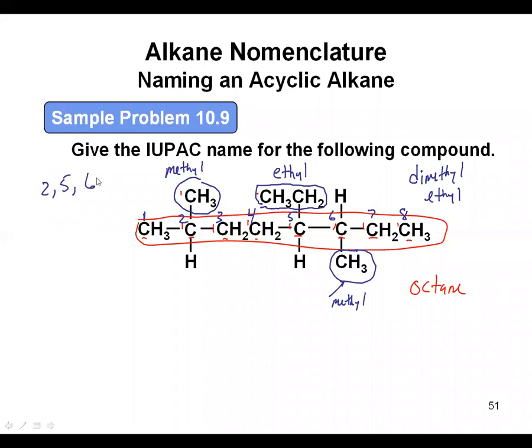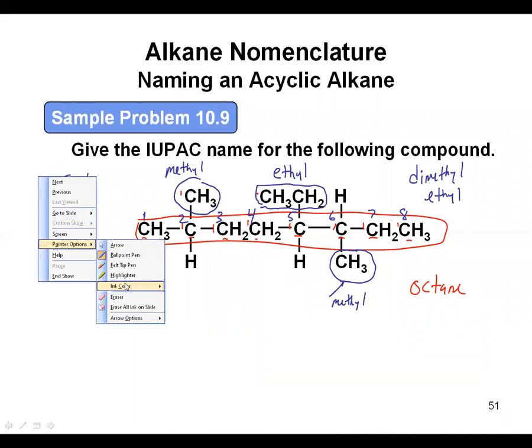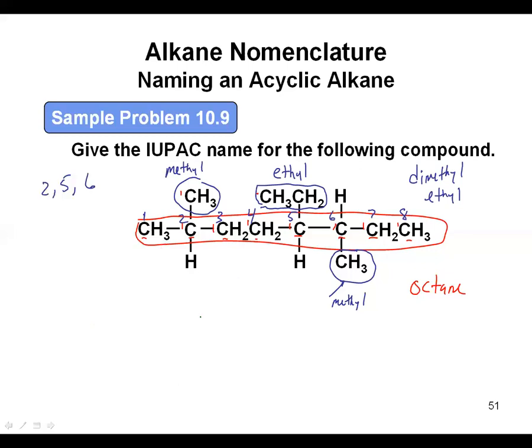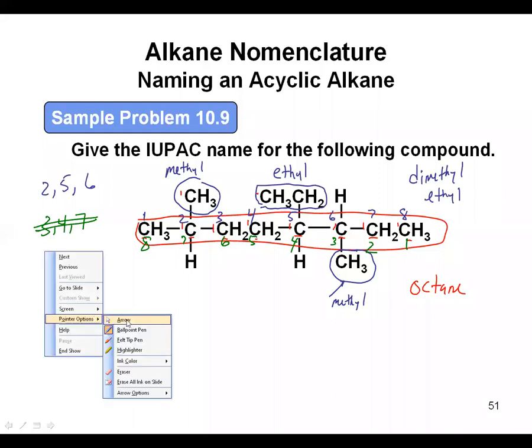Now, if we number it the opposite way, going right to left, we would have 1, 2, 3, 4, 5, 6, 7, and 8. And if we went the green approach, we would end up with groups at 3, 4, and 7. So again, we want to go with the lower number, and it is as simple as 3 is more than 2. So we will go with the blue numbering here, which gives our groups the smaller numbers.